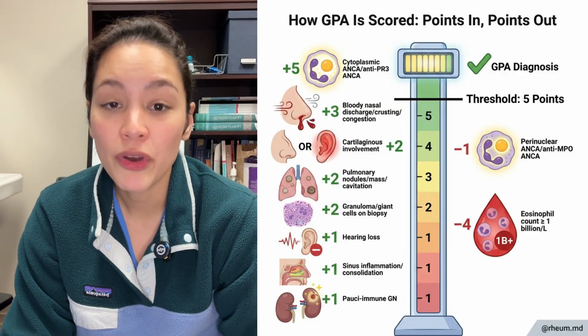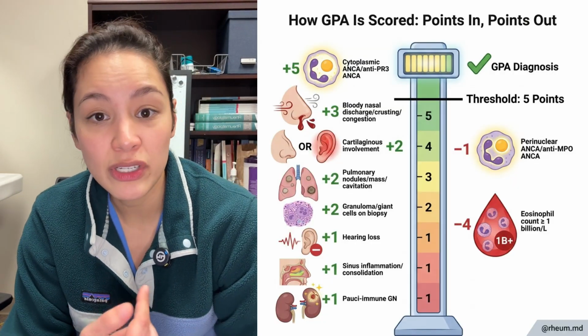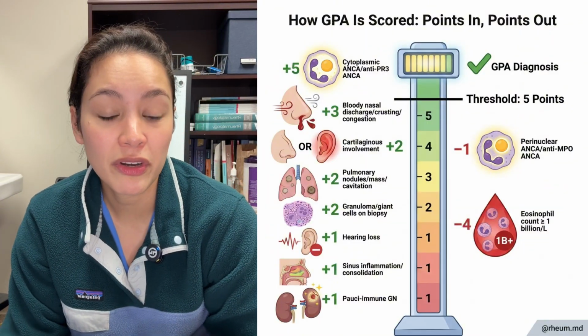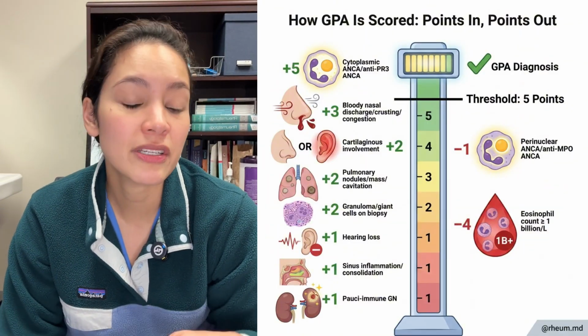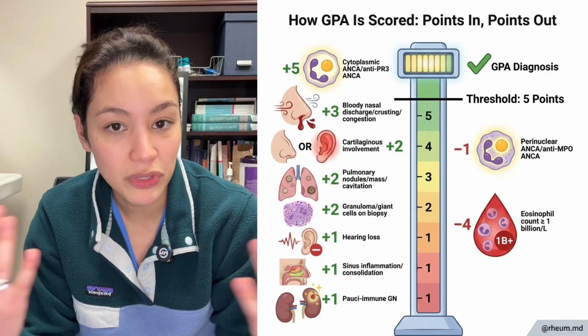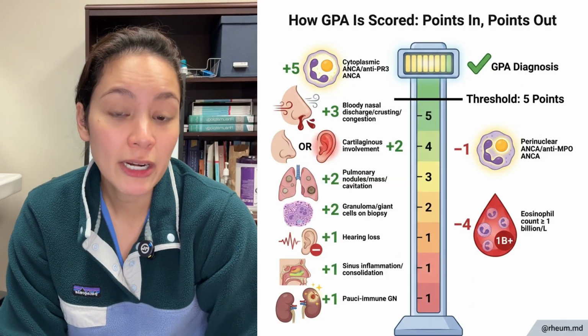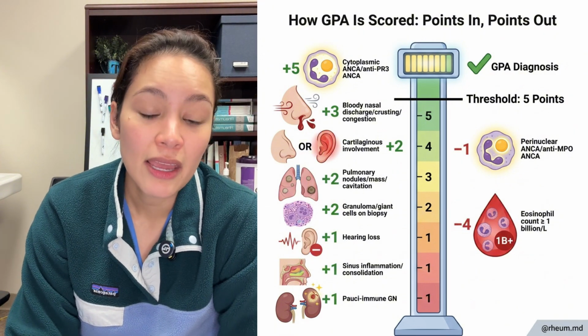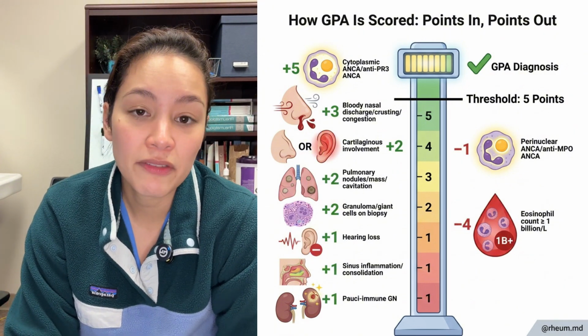You get additional points for things like bloody nasal discharge, sinusitis, pauci-immune glomerulonephritis, cartilaginous involvement, pulmonary nodules, etc. You subtract points for MPO or p-ANCA positivity and for significantly elevated eosinophils.